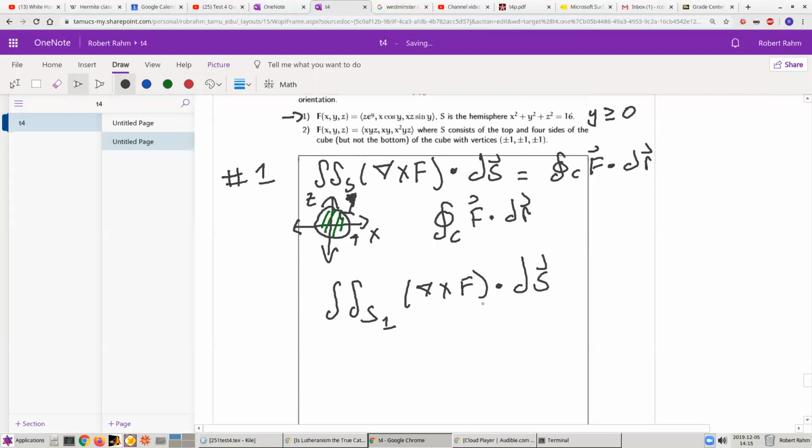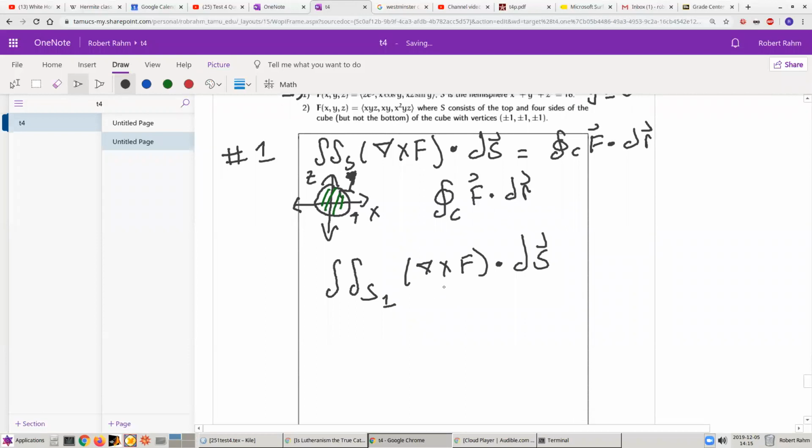Now we want to compute the surface integral of the curl of F over this surface. I will leave it to you to determine the curl of F, or at least verify that what I'm saying is correct.